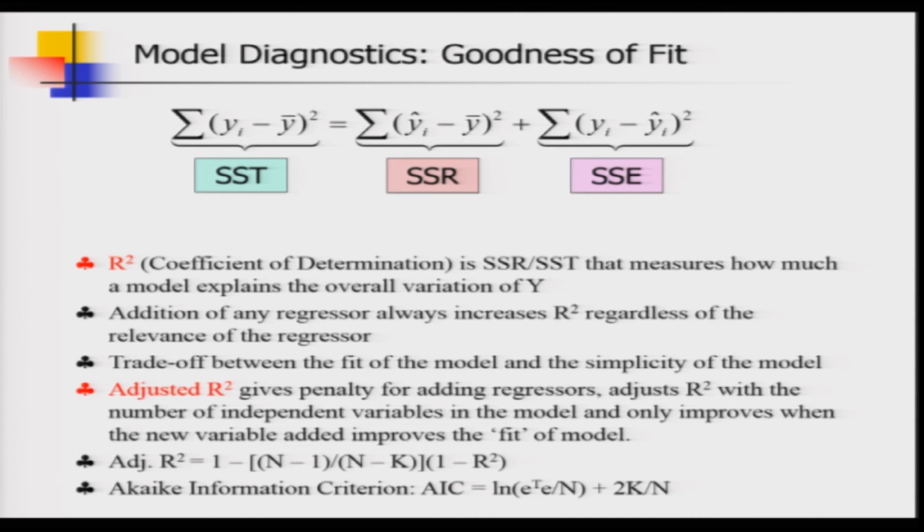So, this concept, adjusted R square, gives the penalty for adding extra regressors. It adjusts the original R square concept with the number of independent variables in the model, and it only improves when the new variable added improves the fit of the model.